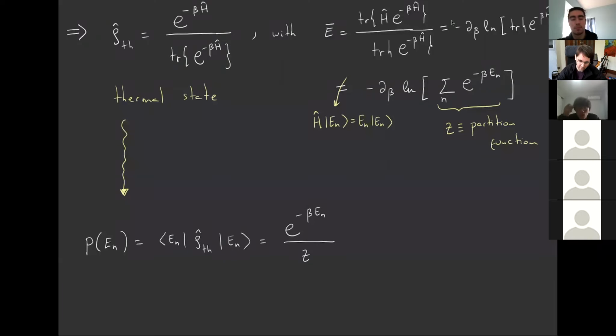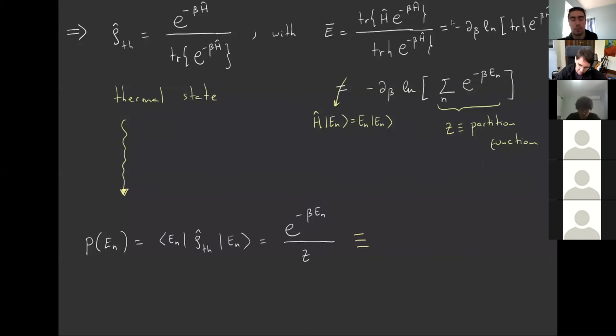And again, if you have studied statistical physics, this is exactly the probability distribution expected for the energies when the system is at equilibrium at some temperature given by this beta parameter.